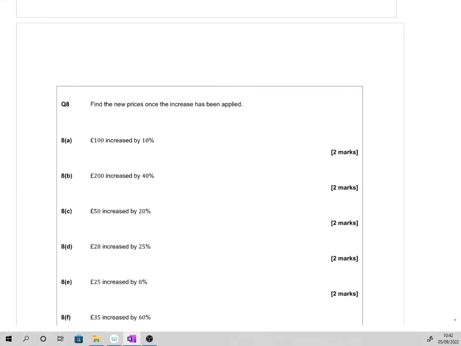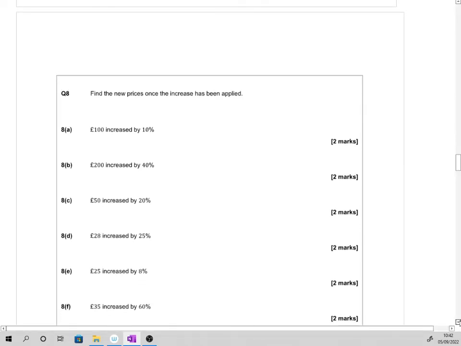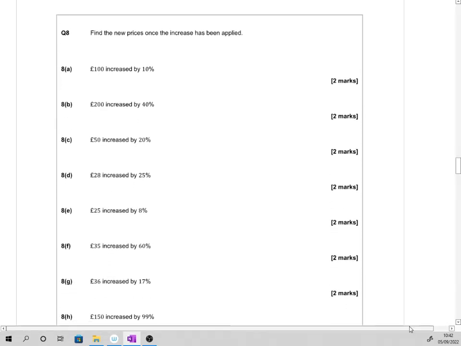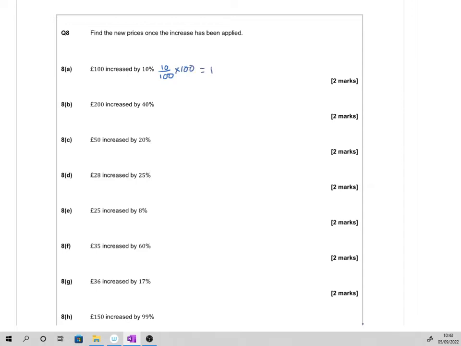Right, find the new prices once the increase has been applied. Okay. So find 10% of that. 10% times 100 equals 10. And then you go 100 plus 10 equals £110. So 40% times 200 equals 80.